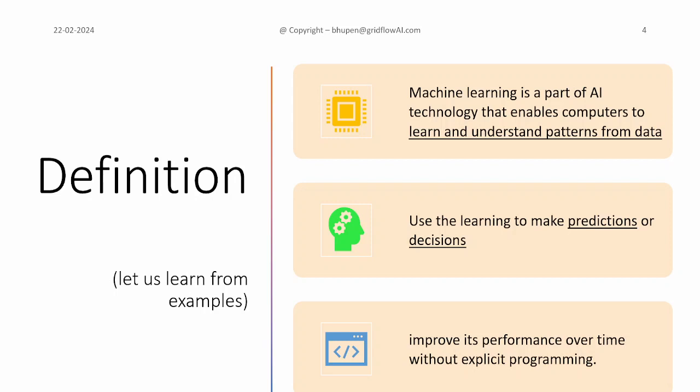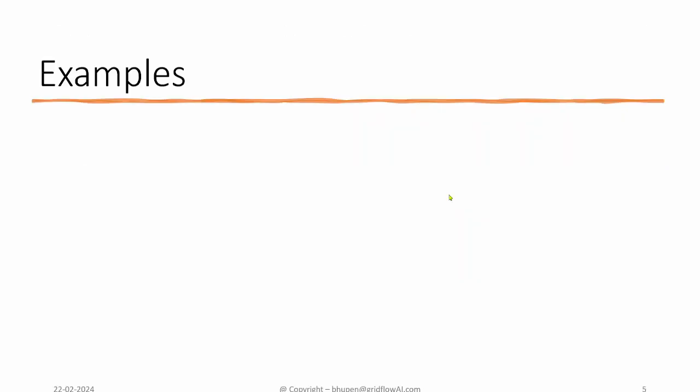That's not the case with machine learning. With incremental data and frequent training or frequent updates, the model actually performs better. We'll try and dissect each of these points with examples in the subsequent slides.